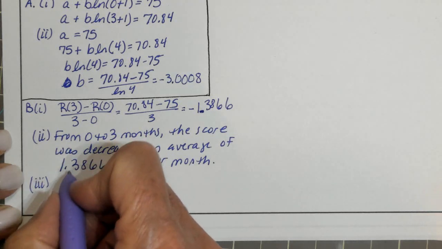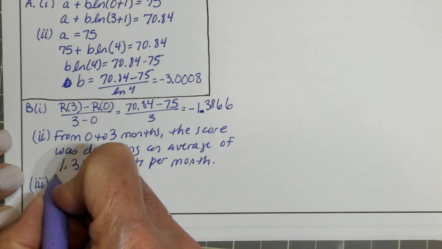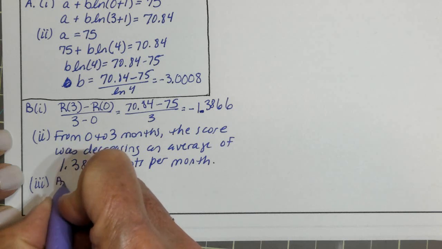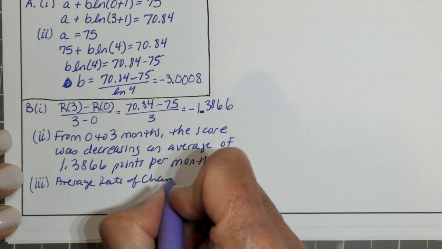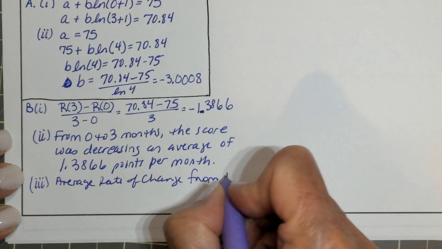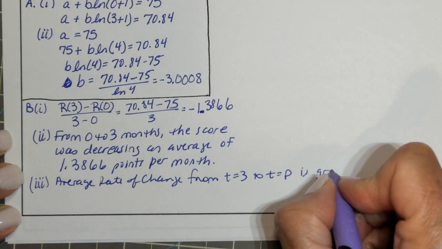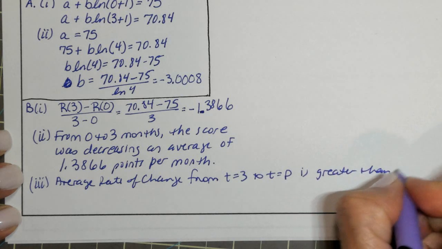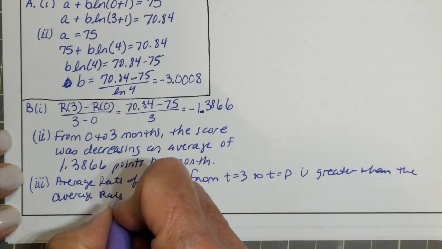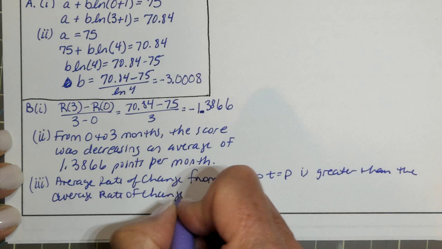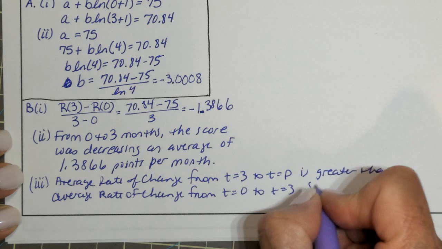Okay? So I'm going to write my response for part 3 of part B down here. I'm going to say that the average rate of change from time 3 to time p is greater than the average rate of change from time 0 to time 3. Since, we need to give a reason.